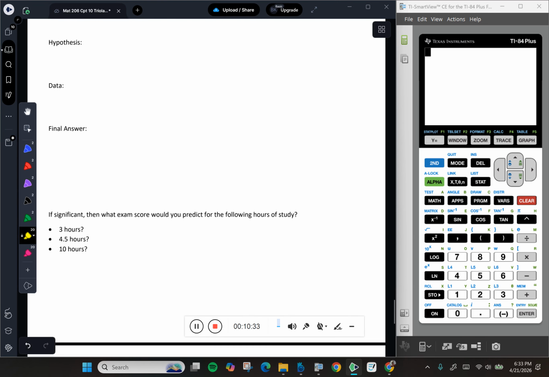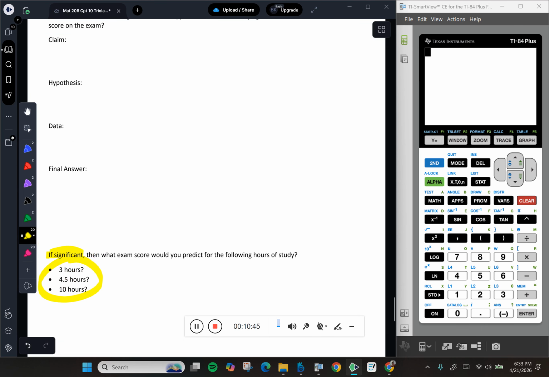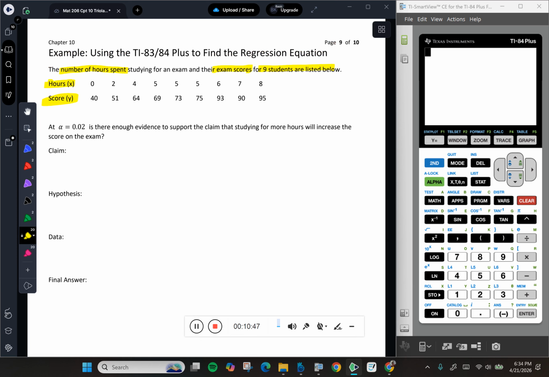And then, if it is a significant correlation, we'll then try to use the equation that we get to predict some scores from some hours of studying. Okay? All right, so in order to do this, the first thing we need to do is get that data into the calculator so we can run our test.